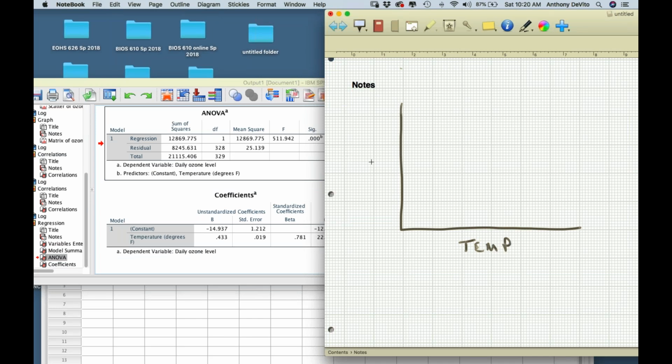On the Y axis, the dependent variable, we have our level of ozone in parts per billion. In this case, it goes through minus 14. So if we ran this all the way back to temperature 0, it would look something like this. The intercept really doesn't represent anything here. So we're not really interested in any of this part. We're really only interested in this part up here.